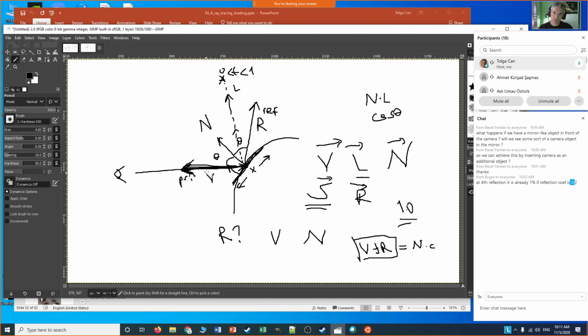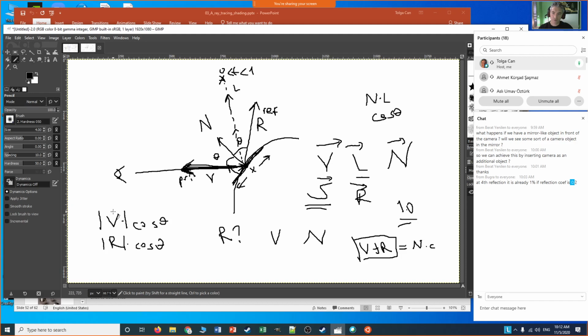So what is the projection of v on this normal vector? It's going to be v cos theta, and this is going to be r cos theta. These are going to be the lengths.